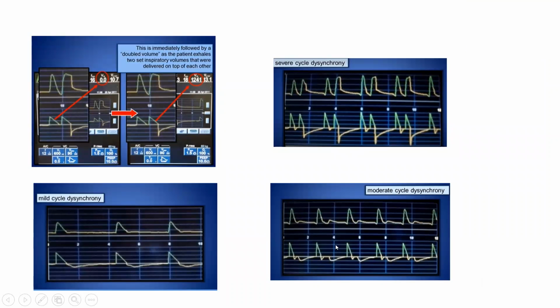Yes. So in this one here, you see the pressure and the flow. You would think it is an attempt to take a breath, but in reality, when you look at it, the exhalation is going in the same direction, and that's nothing but this in the making, in a milder form.